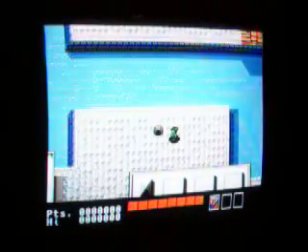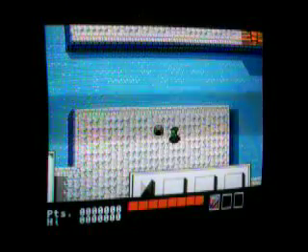Really? This is the 3rd disc swap, just to get to the starting level. Alright. 4th disc swap, just to get to the starting level. Finally.